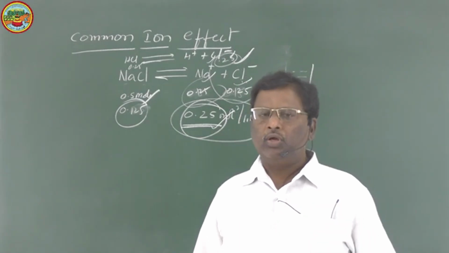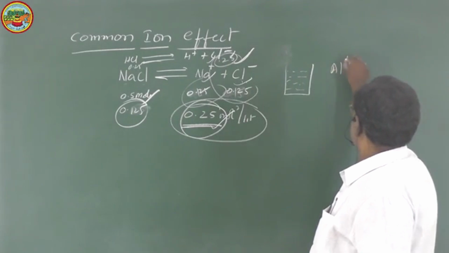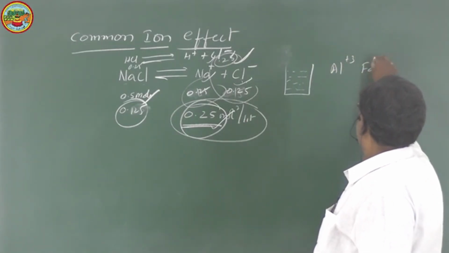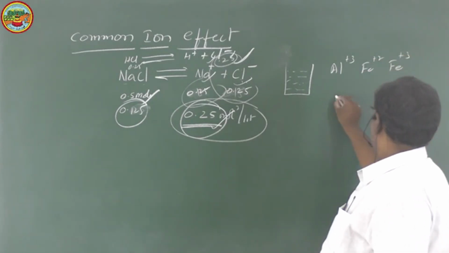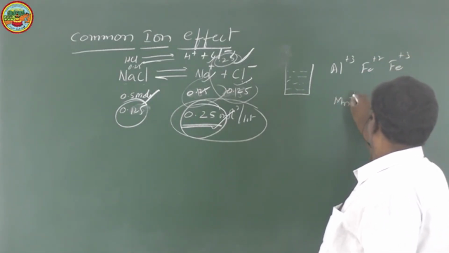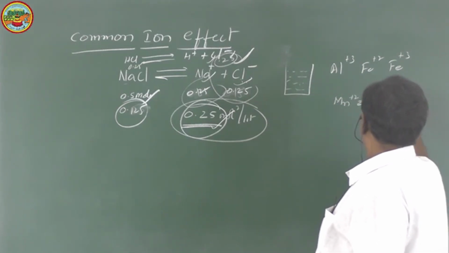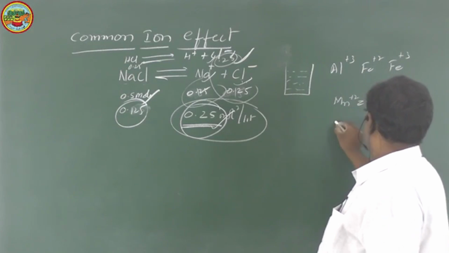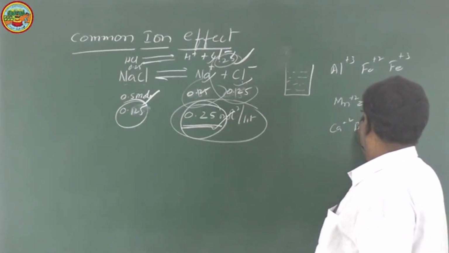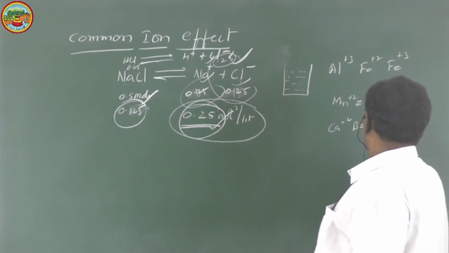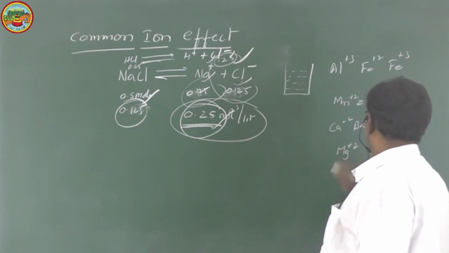In the third group, we have aluminium, ferrous, and ferric. In the fourth group, we have manganese, zinc, and nickel. In the fifth group, we have calcium, barium, and strontium. In the sixth group, we have magnesium.